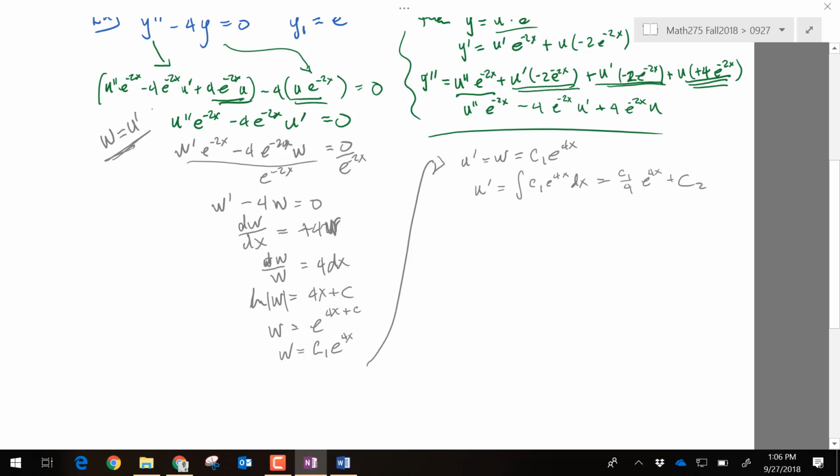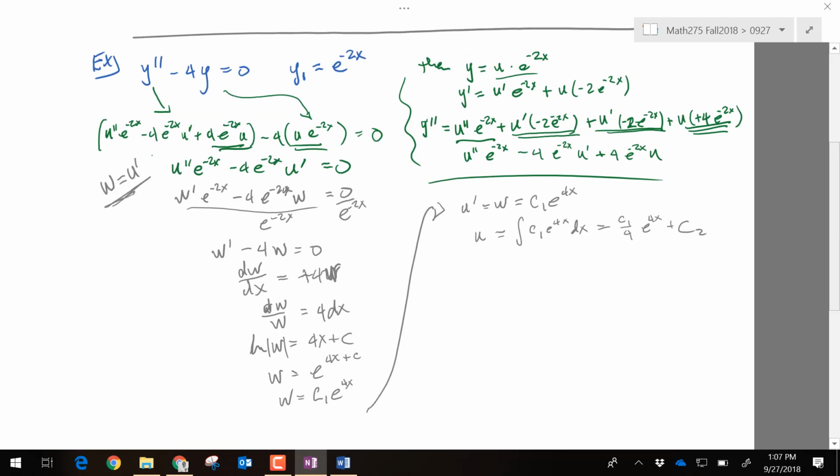There's all kinds of C1s and C2s popping out. Oh, this is u, not u prime. Because u prime is w, and so u is the integral of w. We're done. Now you go back to the first substitution, and this is really what we're looking for.